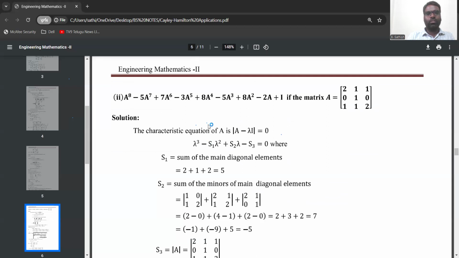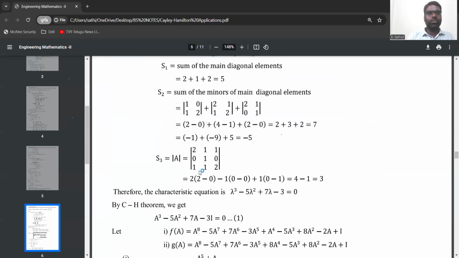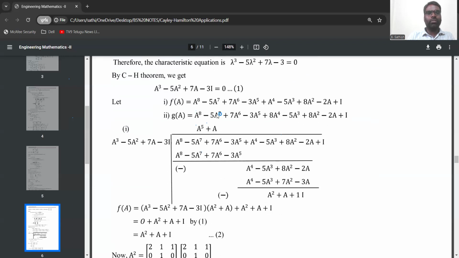The second one is the same as our first part; the only variation is here. The first part is A power 8 minus 5A power 7 plus 7A power 6 minus 3A power 5, the same as it is. Only the variation here is that we are getting 8 into A power 4.